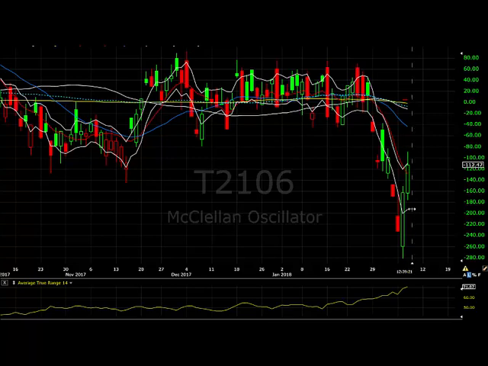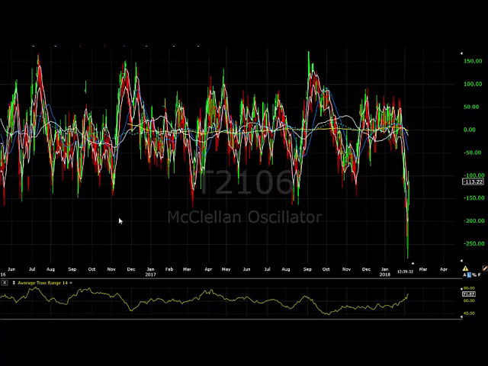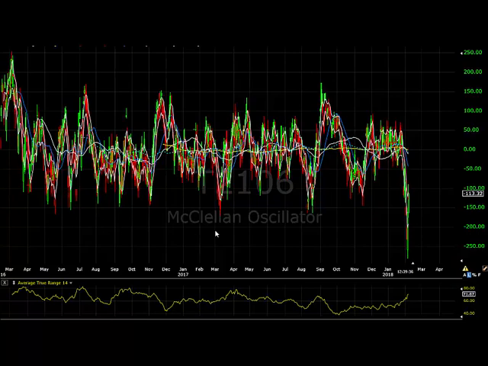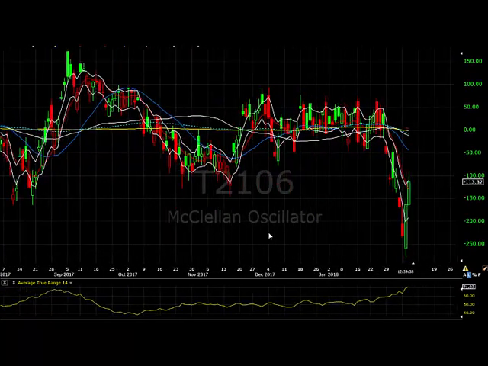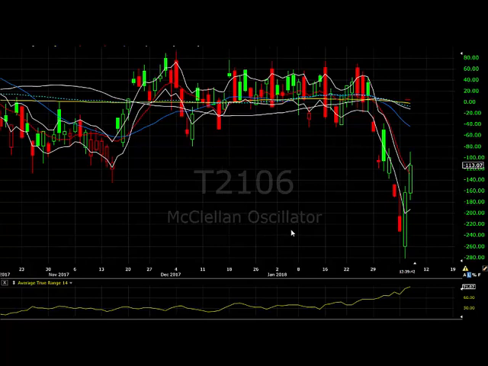So as we saw a couple of days ago, the McClellan oscillator closed below -200. It's the first time it's closed below -200 in quite some time. If I zoom right out, you can see it hasn't been below -200 in a long time, not since 2016, maybe 2015, in fact. That's because of the lack of volatility we've had in the stock market indices.